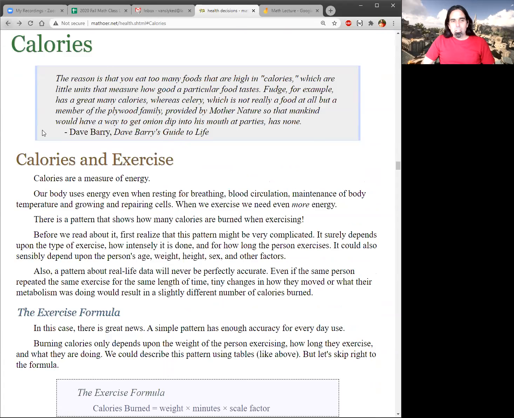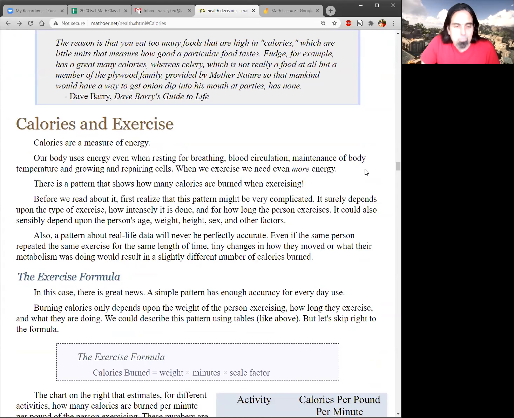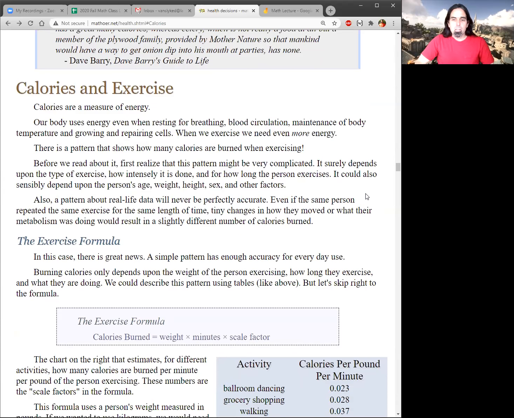Okay, in the calories topic, we start by doing calories and exercise. So calories are a measure of energy. When we exercise, we need even more energy than the baseline amount we use just for metabolism.